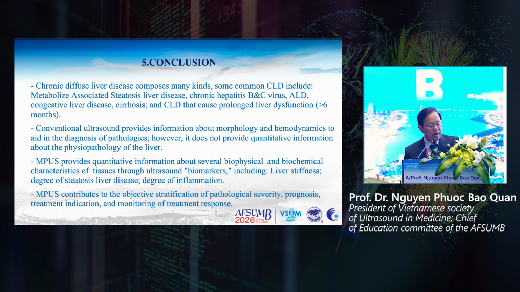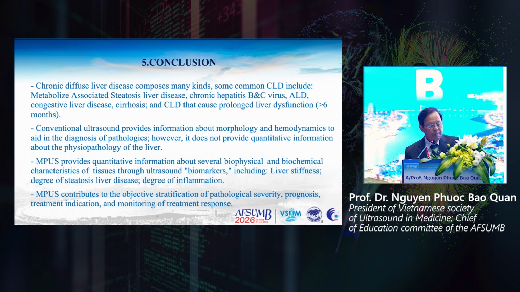Conclusion: chronic liver disease has many etiologies. Some common ones include metabolic dysfunction-associated steatotic liver disease, chronic hepatitis B and C, and alcohol-related liver disease, and cirrhosis is the end destination of most chronic liver disease. In the past, conventional ultrasound only provided information about morphology and helped with diagnosis.